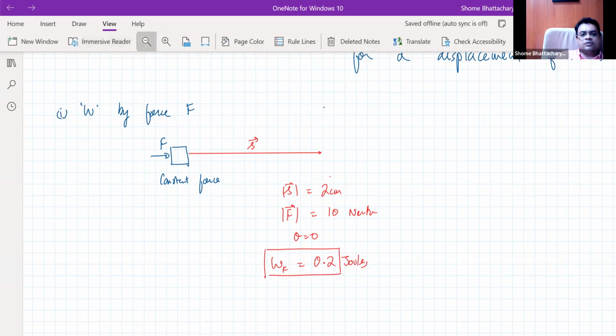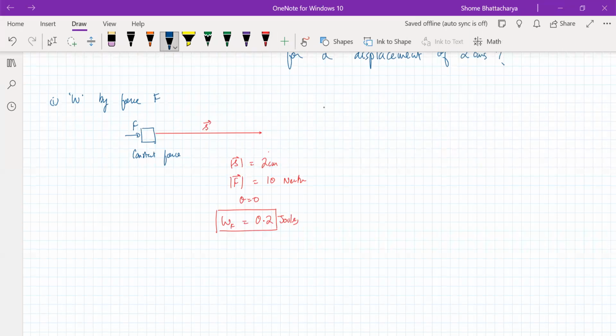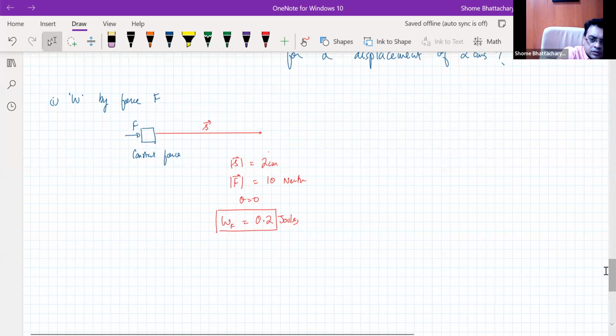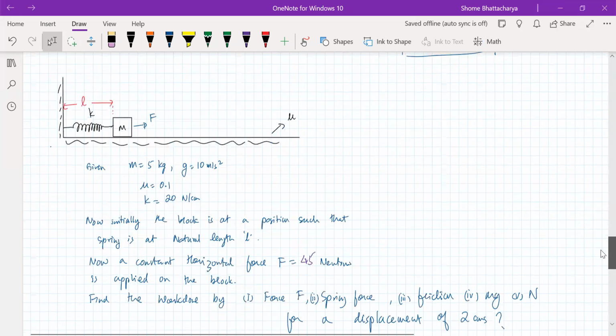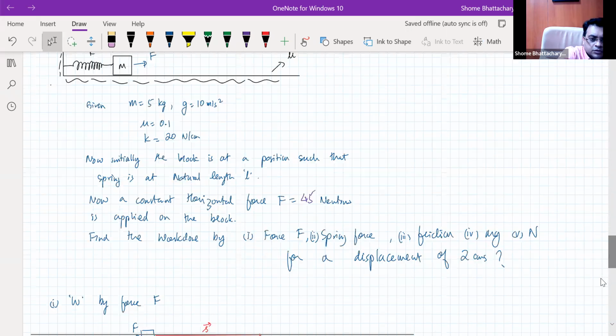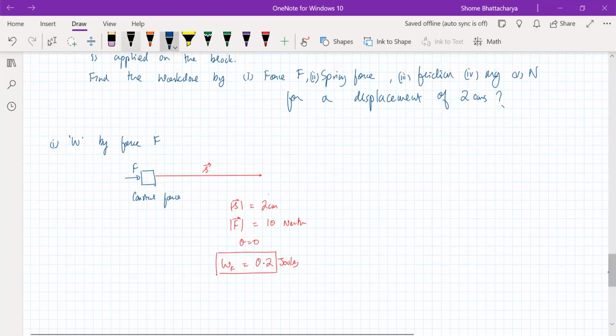Now let's come to the work done by the spring force. Sir, one second. How do you know F is 10 Newton? Sorry, how do we know? That was given in the question. That is part of the data given in the question. Oh, sorry, 45 Newton. Right, corrected it to 45. So anyway, it will become 45 into 0.02.